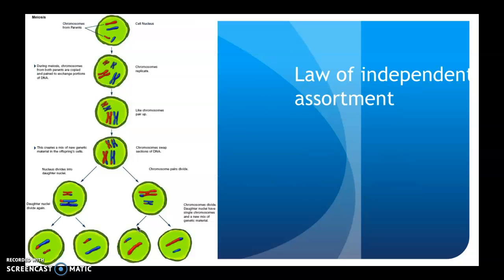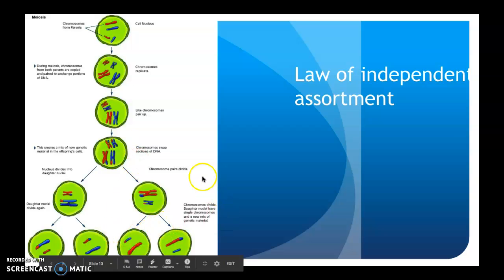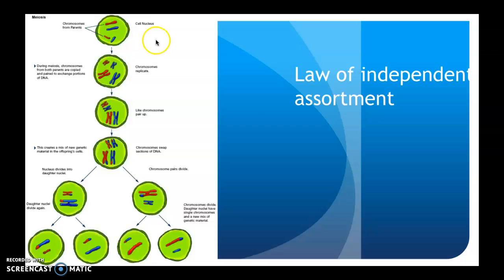All right, we're going to talk a lot about this slide in a little bit, but if you look at the very first cell up here, it has 4 chromosomes total. 2 pairs, the longer blue and the longer red are going to be homologous chromosomes, and the shorter blue and shorter red are also going to be homologous chromosomes.